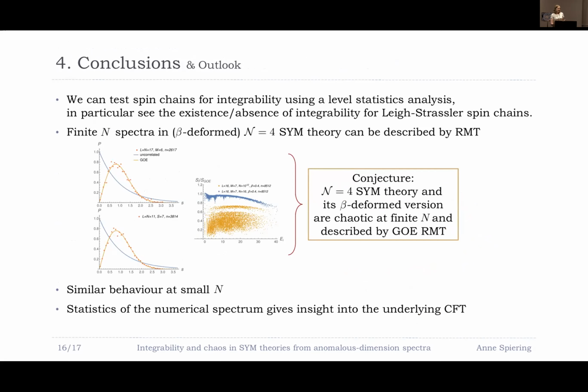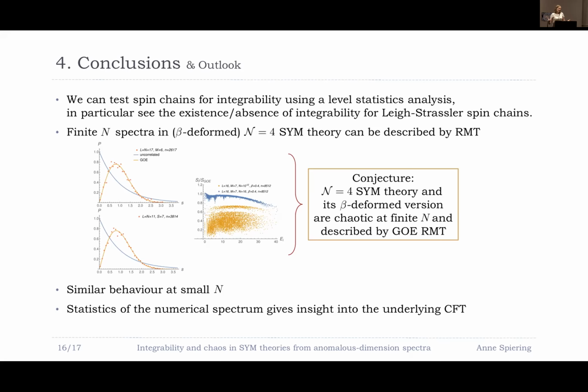And then at finite n, we find that there is no integrability anymore, but the spectrum can be described again by random matrix theory, in particular this Gaussian orthogonal ensemble. And not only can the spectrum be described by random matrix theory, but also the eigenstates.